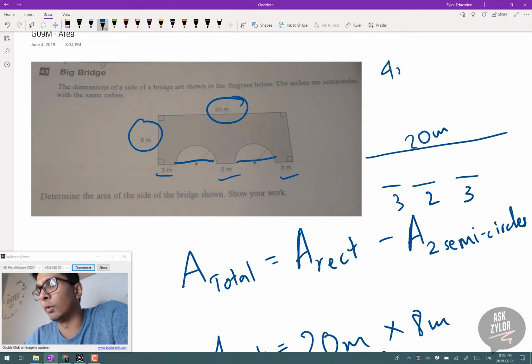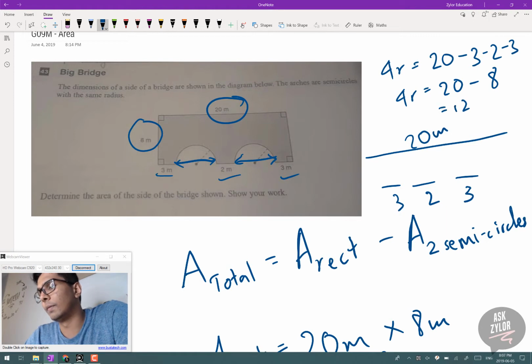So in total we have 4 radius between the missing dimensions. So we can do that by finding 4 radius is equal to 20 minus 3 minus 2 minus 3, right? So my 4 radius would end up being 20 minus 8. So this would give me 12, so my radius would end up being 3.